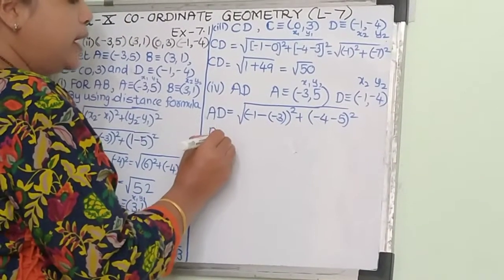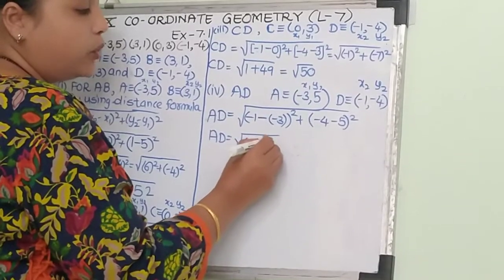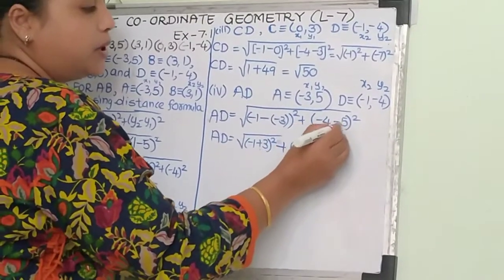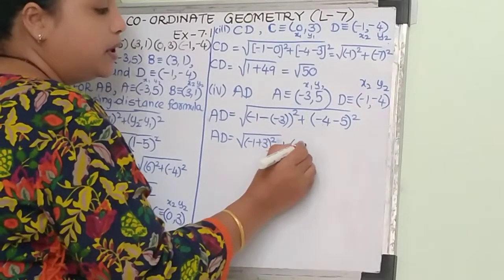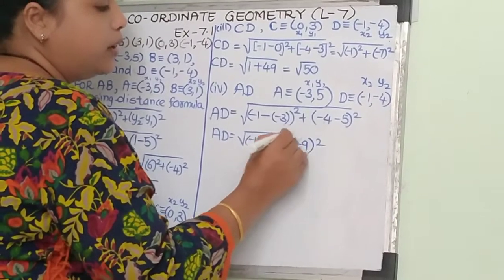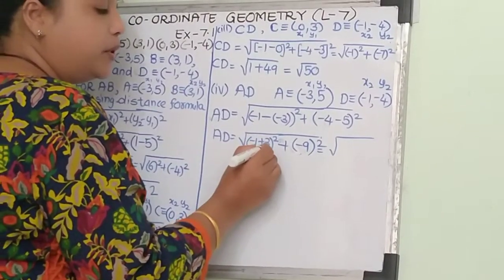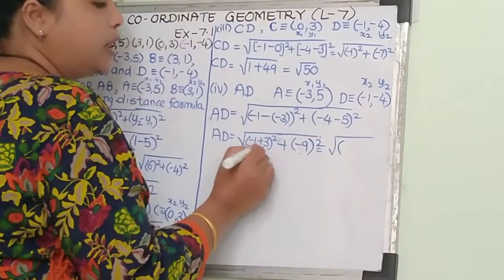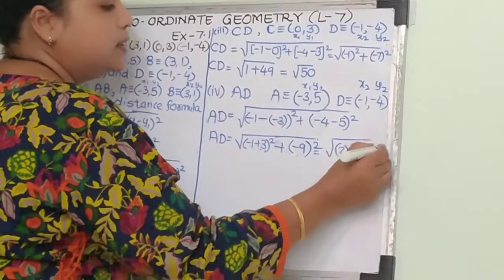So here AD equals minus 1 plus 3 square, minus minus become plus, and minus 4 minus 5 becomes minus 9 square. So 3 minus 1 will be 2, plus minus 9 square.